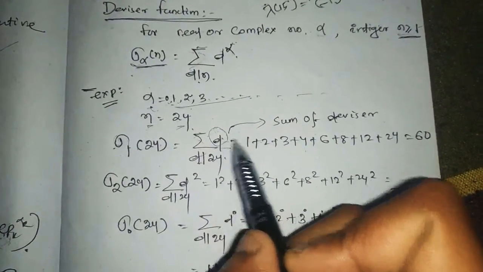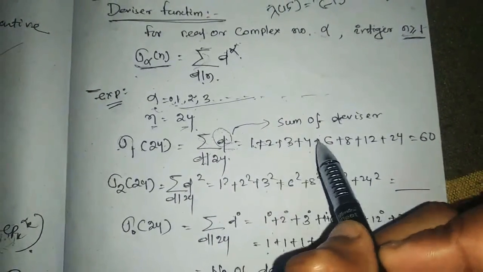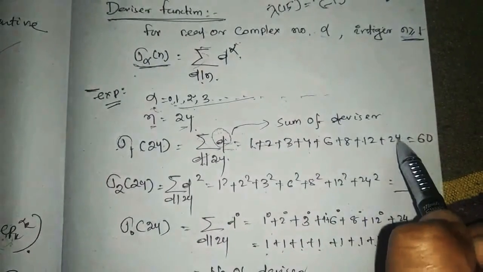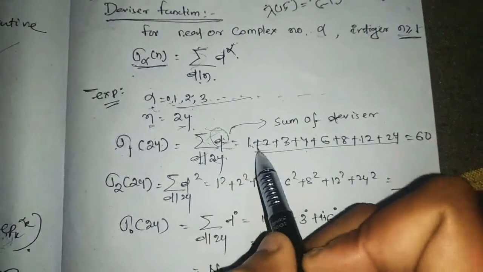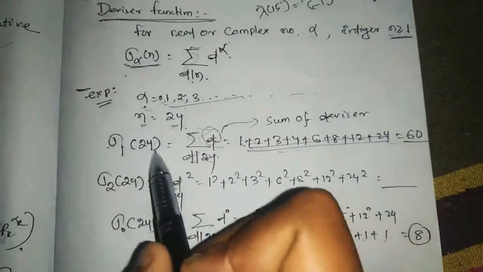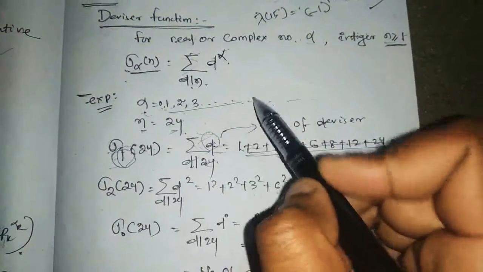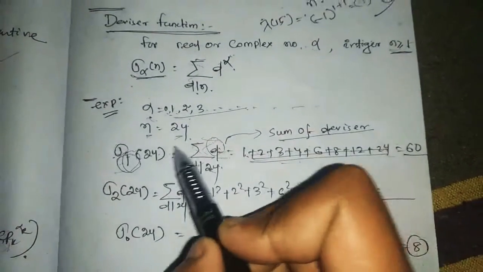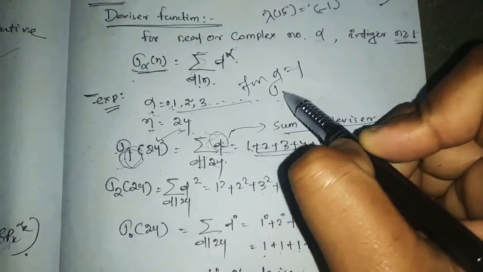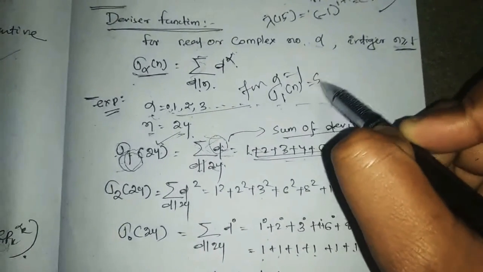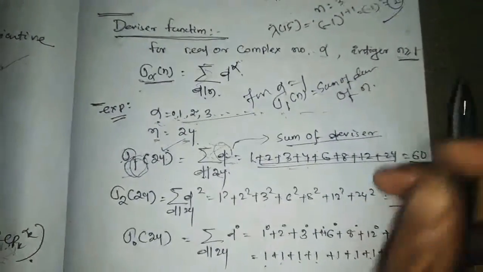These are the divisors: 1 is a divisor of 24, 2 is a divisor, 3 is a divisor, 4, 6, 8, 12 and 24. So the summation over the divisors will be the sum of all the divisors. So for alpha equal to 1, this function gives the sum of the divisors of any number. For alpha equal to 1, sigma 1 of n is the sum of the divisors of n.